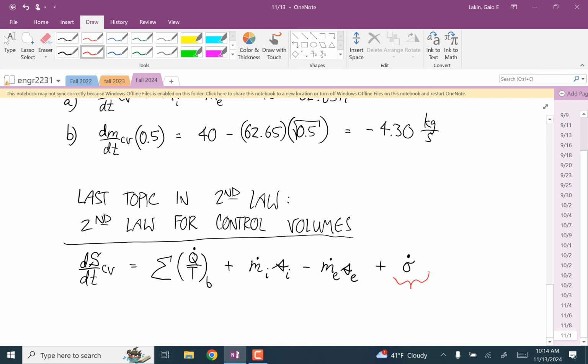And this has to be greater than or equal to 0. It's equal to 0 if there's no irreversibilities.